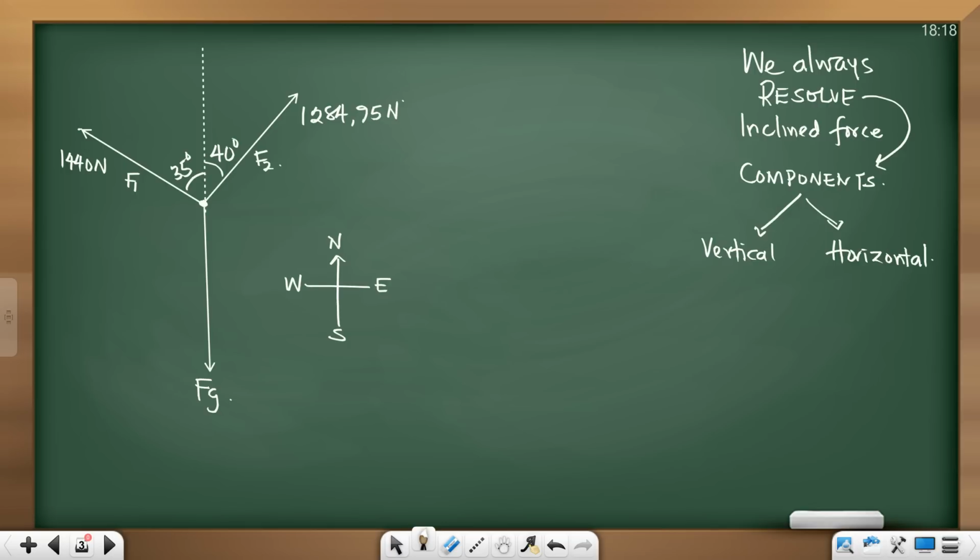Let's deal with force number 1. In which direction do you think force number 1 is pointing? Not west. It means when you do the components, vertical must be going north. Horizontal must be going west.